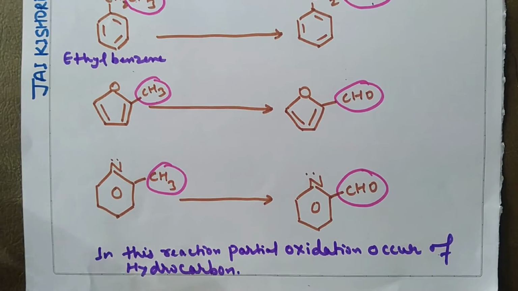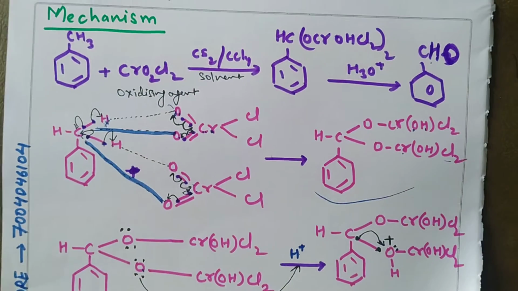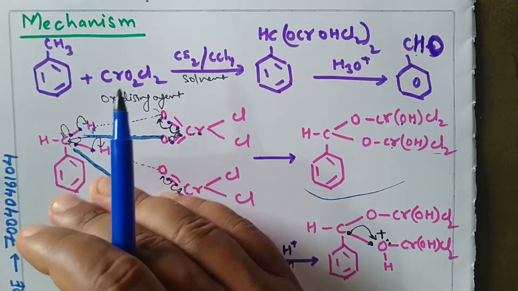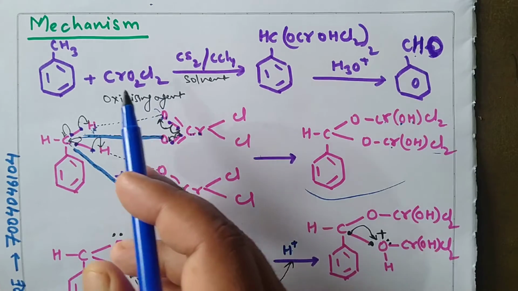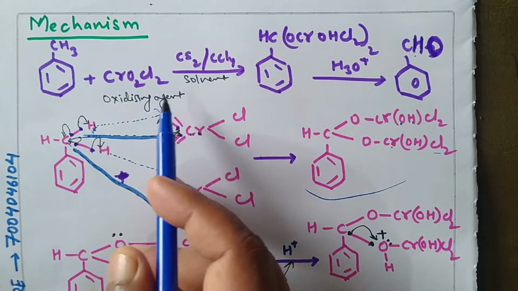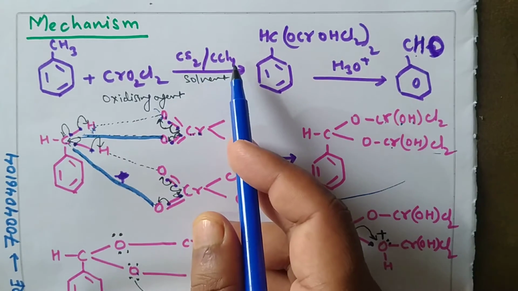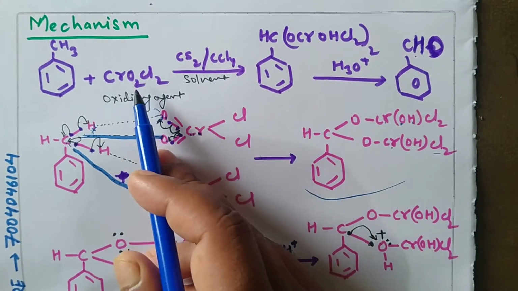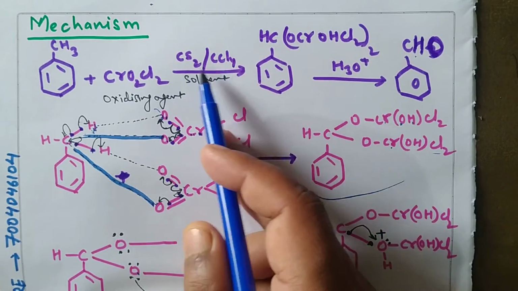Now let us discuss the mechanism of this reaction, the conversion of toluene into benzaldehyde via chromyl chloride. Here chromyl chloride acts as an oxidizing agent and carbon disulfide or carbon tetrachloride acts as a solvent, because this compound is soluble only in this solvent.